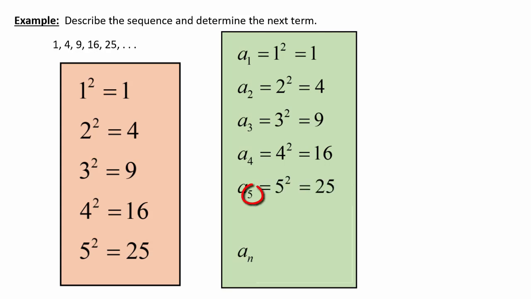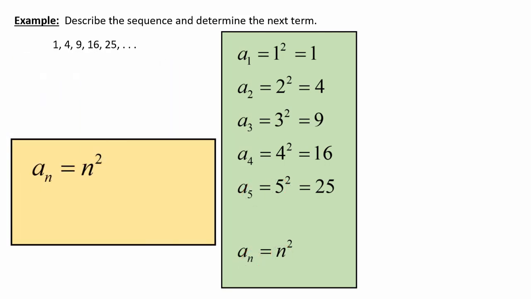So the subscript matches the base. So if we have a sub n for the general term in the sequence, that would be the base of this exponential expression. So a sub n would be n squared. This is the formula that represents the nth term in the sequence. So a sub n is equal to n squared. That's a formula that represents the terms in the sequence.